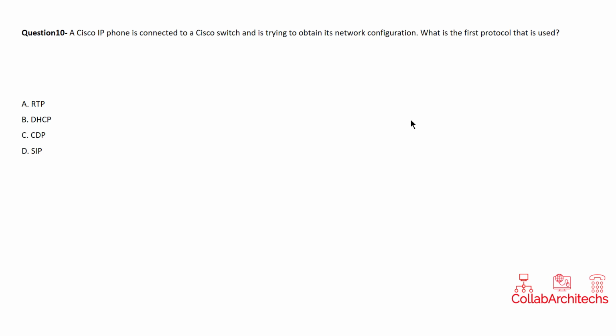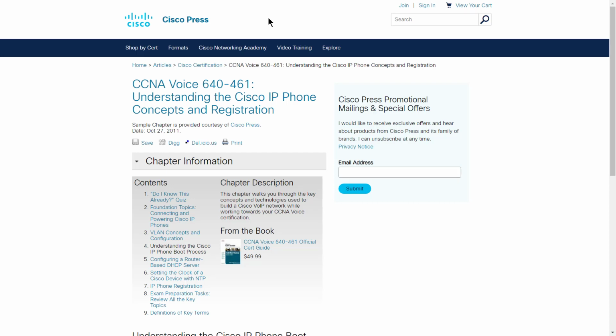In the Cisco IP boot up process, we will see what happens when a Cisco IP phone is connected to a switch. So let's explore a Cisco document on this. I have shared the link of this Cisco URL on my channel. Here we try to see what the steps or process are for Cisco IP bootups.